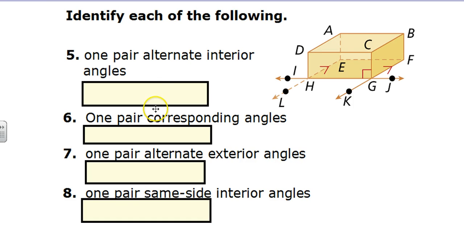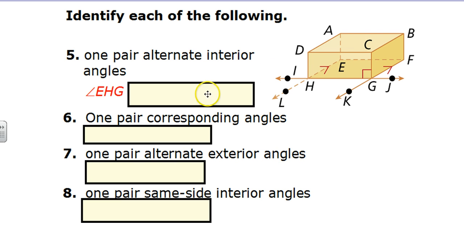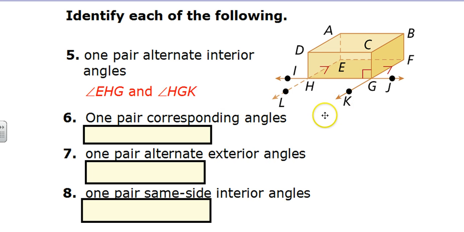Pause, come back. A pair of alternate interior angles, EHG. That angle there would be alternate interior with HGK, right?